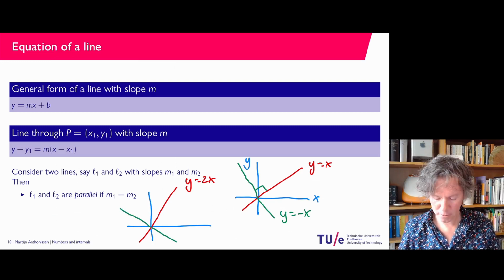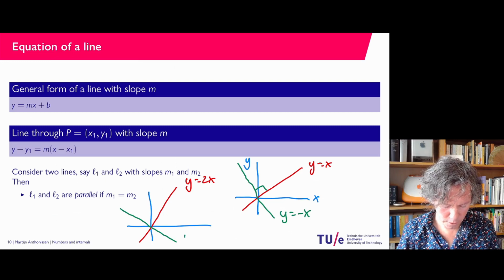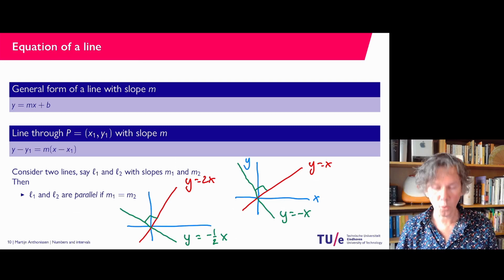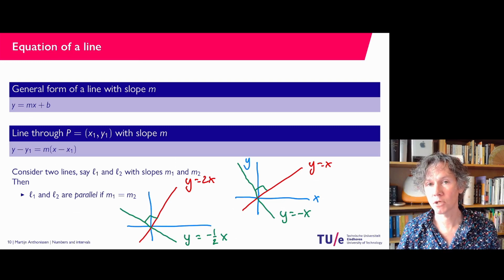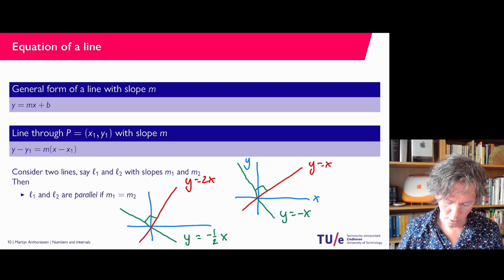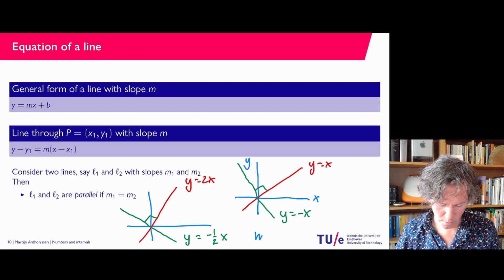And if you think about that a little bit longer, then you will see that the line that makes a 90-degree angle has the equation minus 1/2 times x. And the relation between the two slopes is that m1 times m2 equals minus 1.